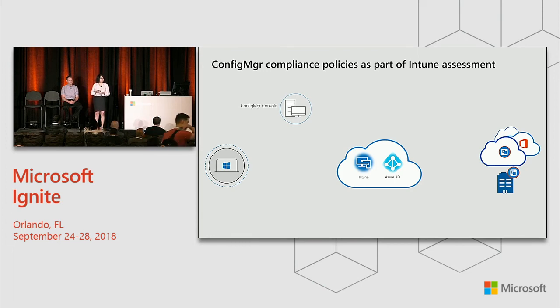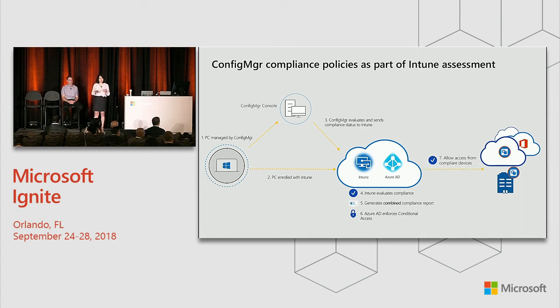So from the diagram, this is a high-level workflow. The first two steps are basically just getting your machine co-managed, and then ConfigMgr evaluates the status and sends it to Intune. And then Intune does its own evaluation based on the rules that it's seen, and then generates this combined report and sends it to AAD.